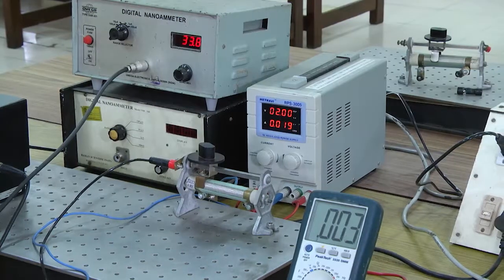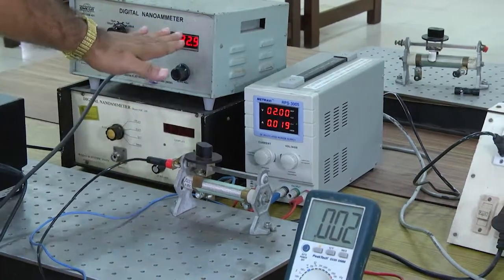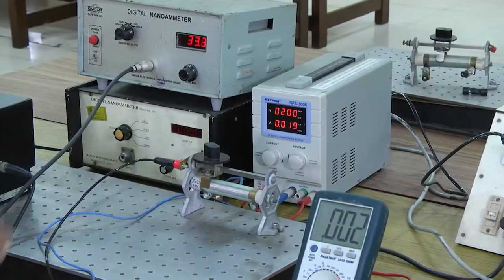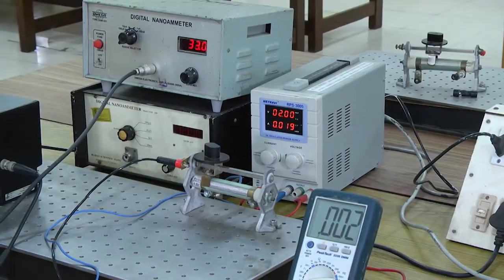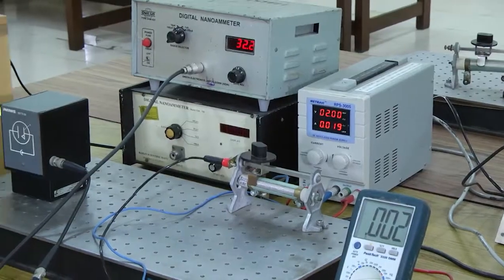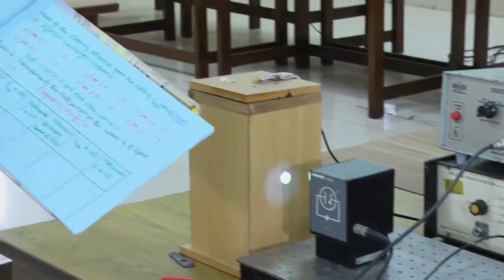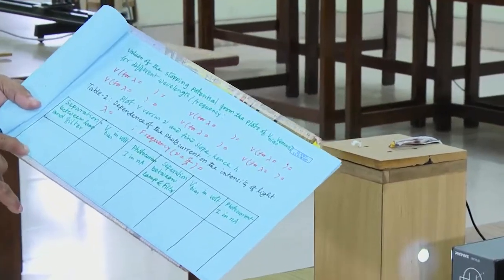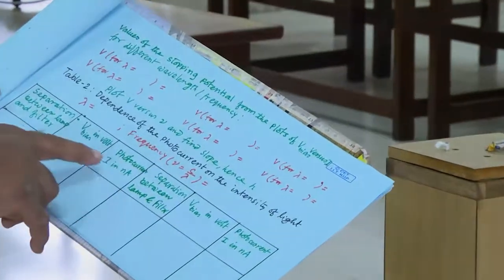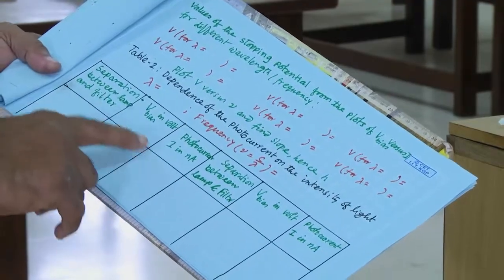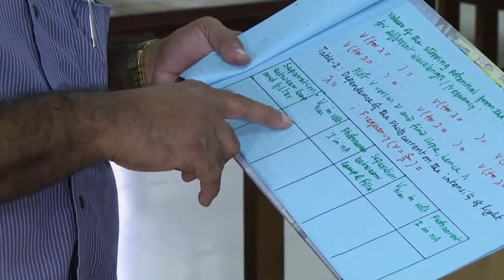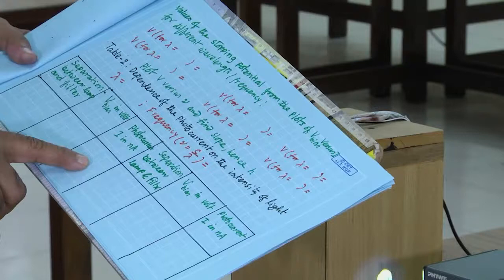So at 0 voltage this is the 33, and now for the stopping voltage, what will it be at different distances? We will note down, as I told, the separation between the lamp and filter you are varying. You note down the photocurrent for 0 voltage, and then you change the voltage and get the stopping voltage.